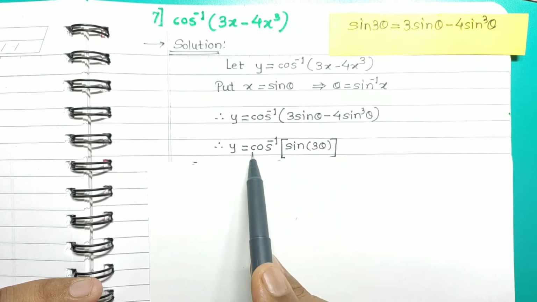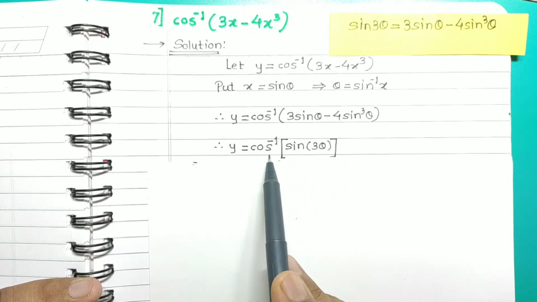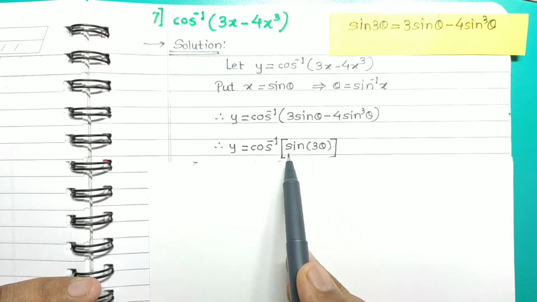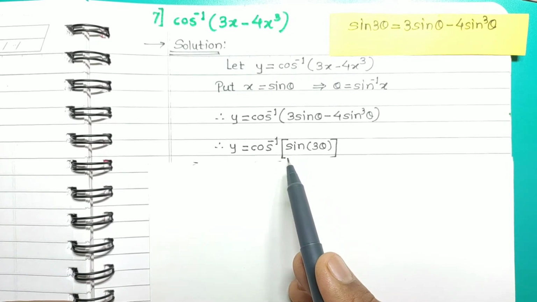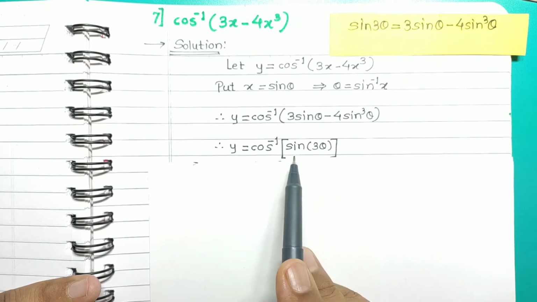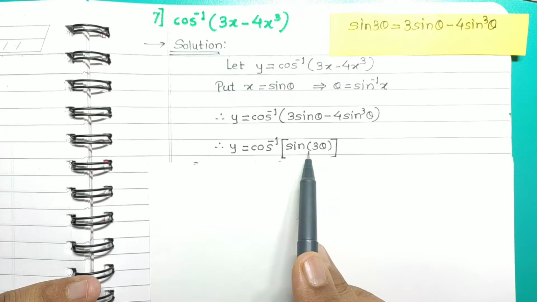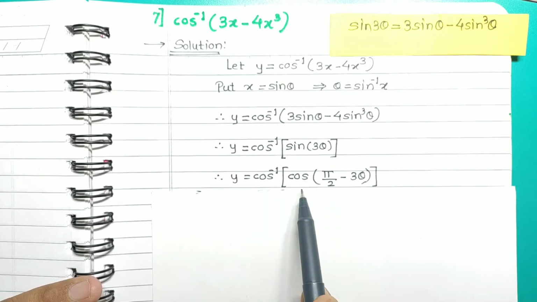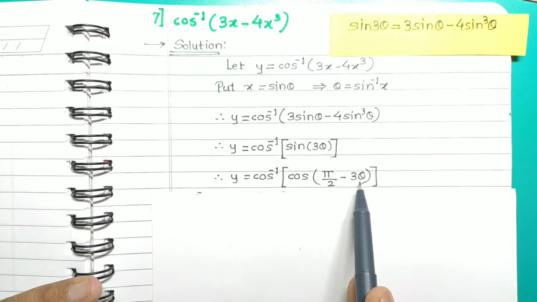Now outside the bracket there is a cos inverse function. If there is a cos function inside, then it will be easy for us. So let's convert this sine term to a cos term, and we know how to convert sine 3 theta to cos. So let's write it as cos of pi by 2 minus 3 theta.